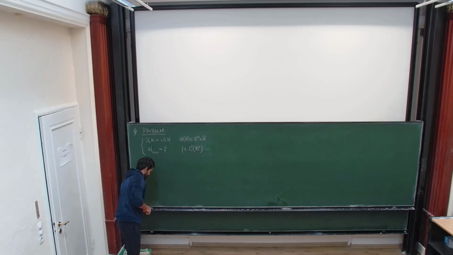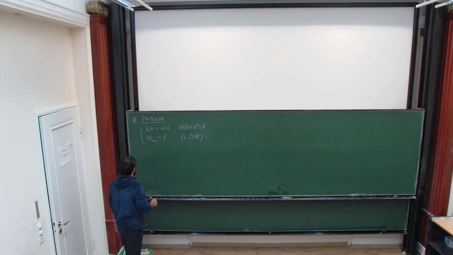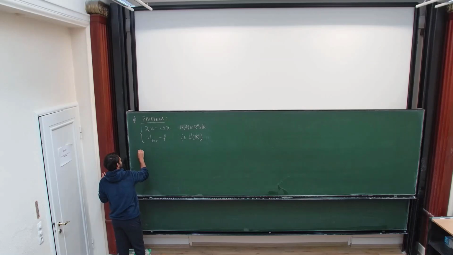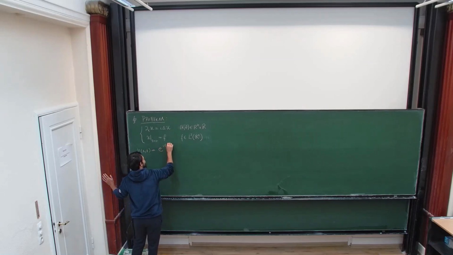And there is a known estimate for the solution. You look at the solution, you can always write the solution u(x,t) using functional calculus, it's the standard.